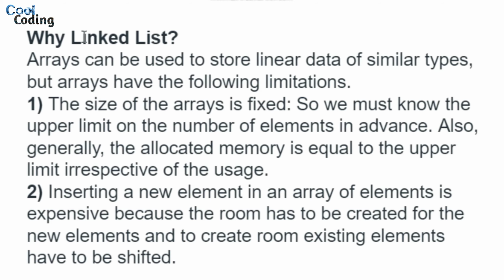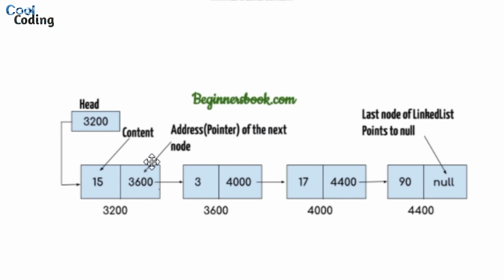So we shift to the linked list, in which we can simply link a new number to the earlier number. Let's assume that 15 is linked with 3, 3 is linked with 17, and 17 is linked with 90, and I have a new number, let's say 100.